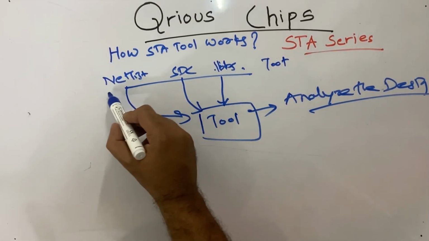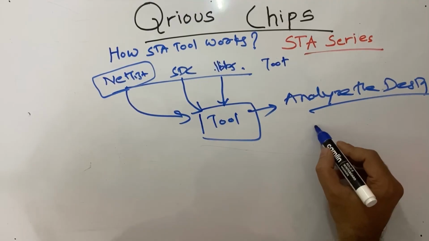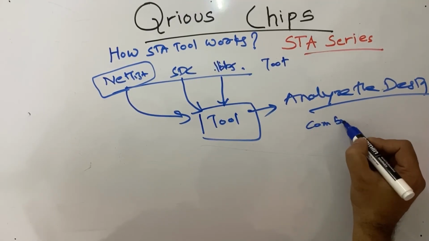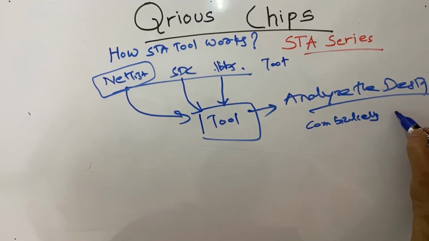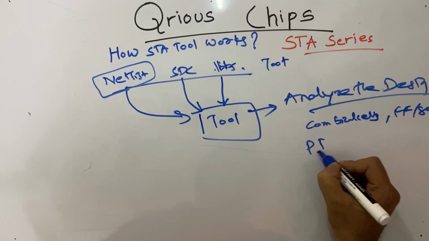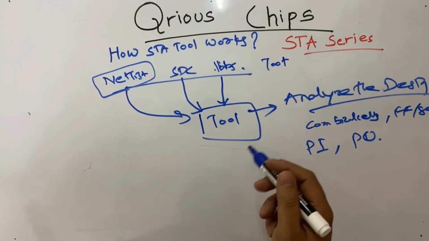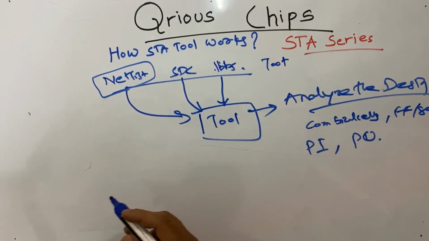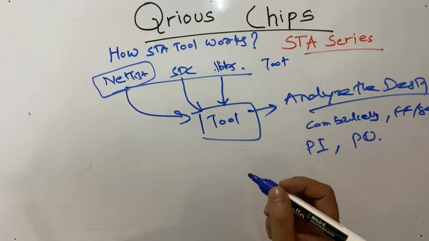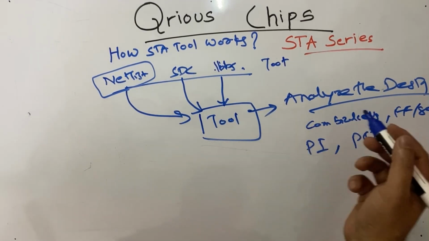The tool understands what the design is about, where the combinational cells are, the flip-flops or sequential cells, and what the primary inputs and primary outputs are. Just for your understanding, this video will take much more time than the regular one, because it consists of the basic fundamentals of the working of the tools.